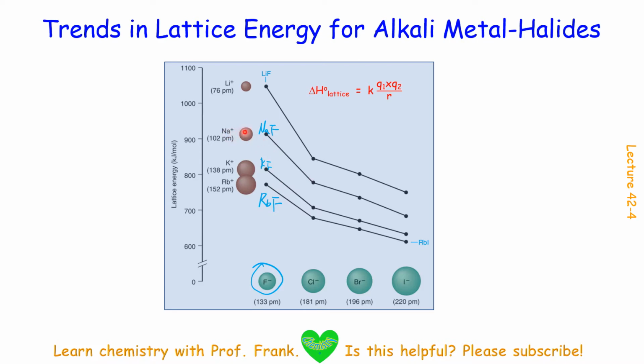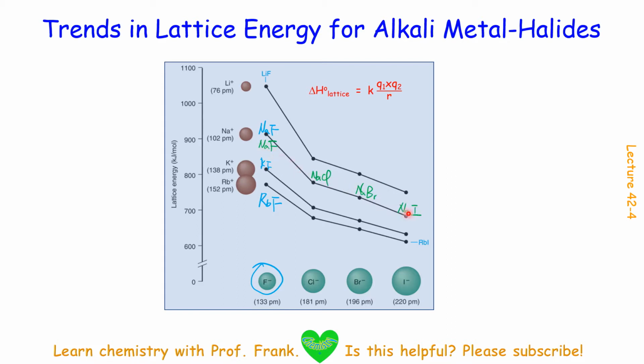Now let's take a look at another series of ionic compounds. They all contain the sodium cation. This one is sodium fluoride, and this one should be sodium chloride, sodium bromide, and sodium iodide. Let me write them down. This one is sodium fluoride, sodium chloride, sodium bromide, sodium iodide.